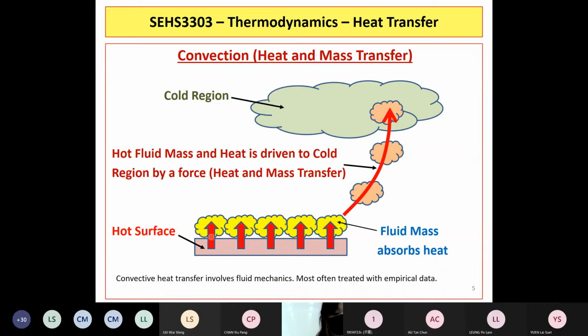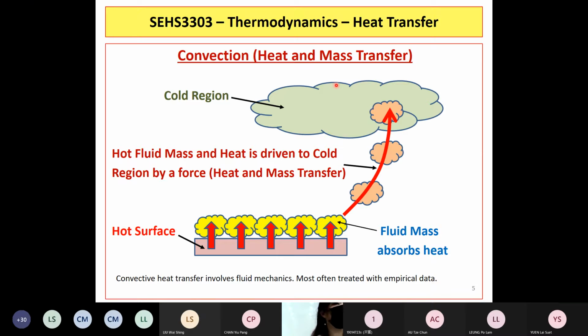Let's say there is again a hot surface. The fluid mass will absorb heat from this hot surface. Then this heated fluid mass with heat is driven to a cold region by a force.